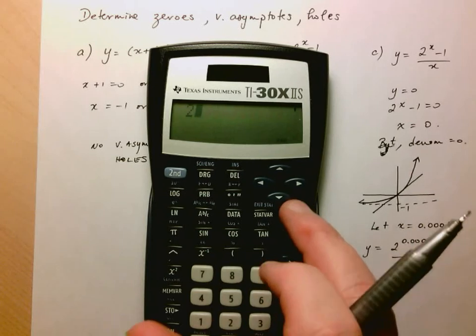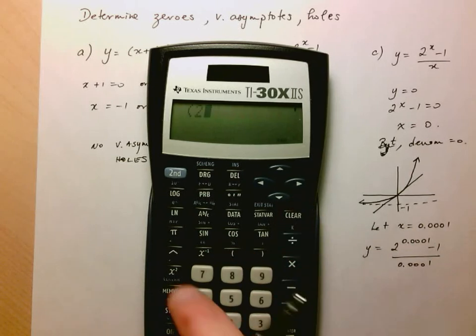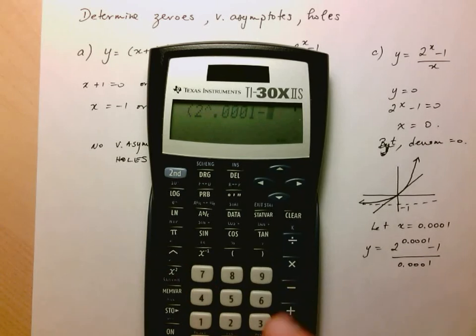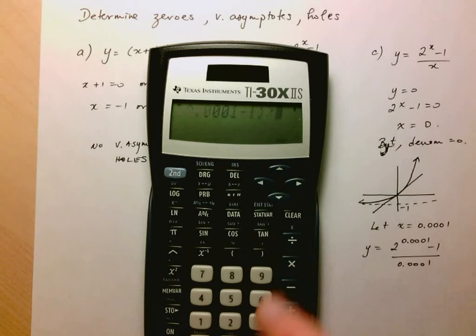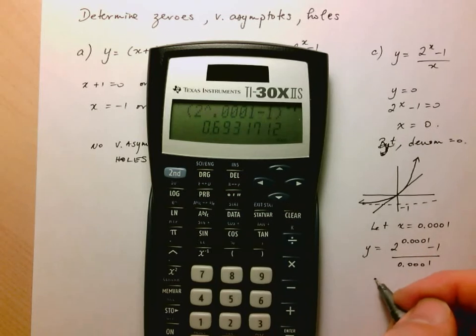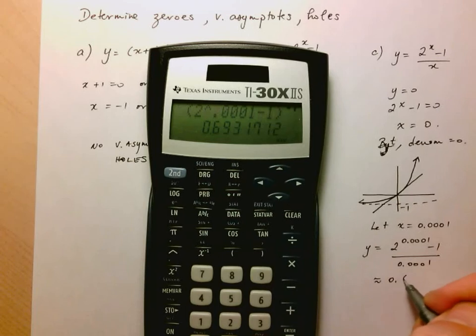So 2 to the exponent of 0.0001, minus 1, divided by 0.0001. You have to make sure you get your x values consistent here. And I see that this is approximately equal to 0.693. This is not some huge number, nor is it some very small negative number.